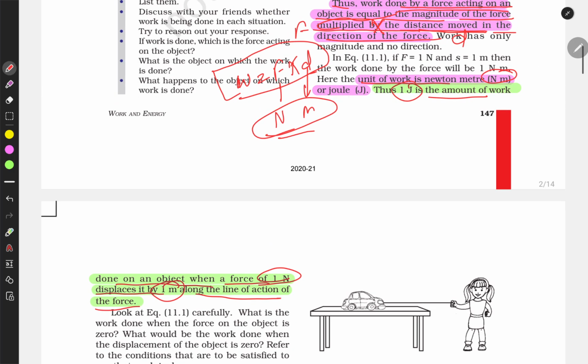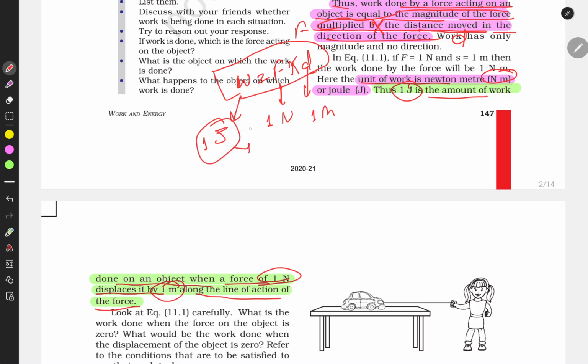So force is in Newton, distance is in meter, and work has the unit joule.